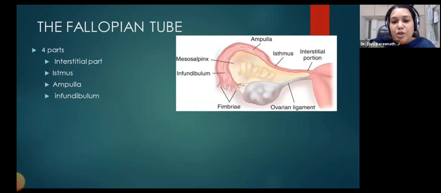The fallopian tube is mainly divided into three parts: interstitial part, then isthmus, then ampulla. In the ampulla, fertilization occurs, and this is the infundibular part. In this part, it has the fimbriated end, and the follicle is usually picked up from this area.